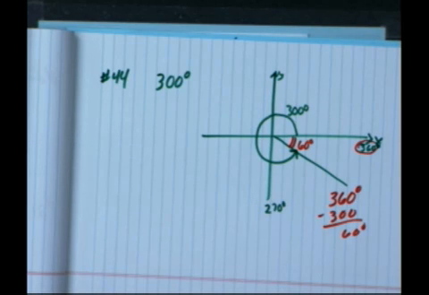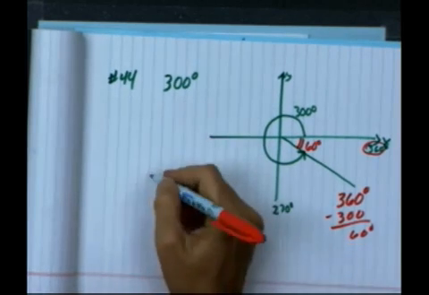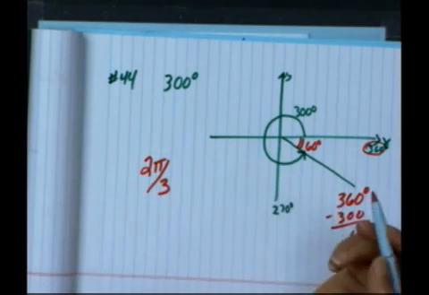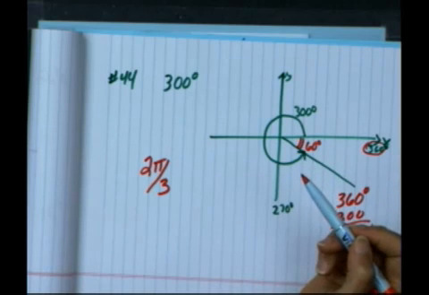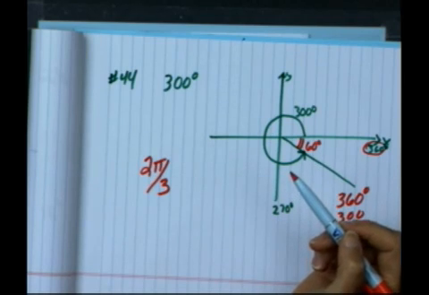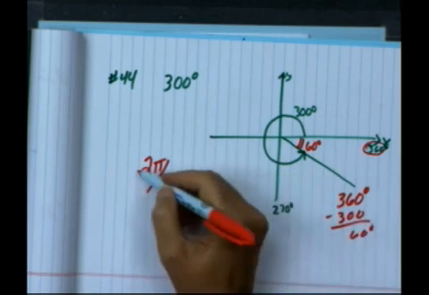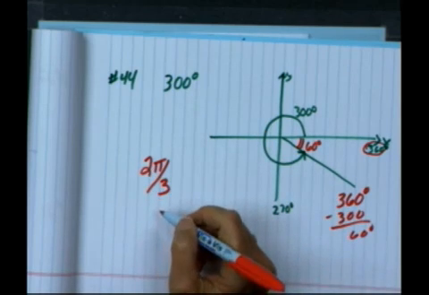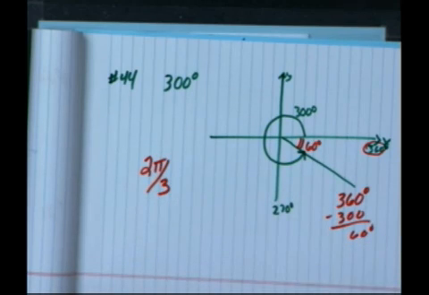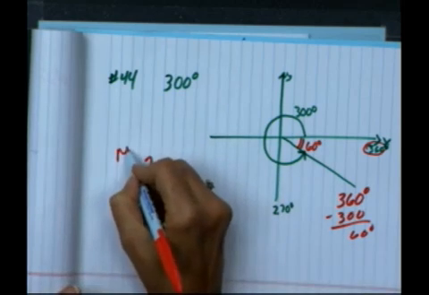Okay, what about if you have something like 2 pi over 3? Can you look at this and tell me right away what the reference angle is going to be? It is 60 degrees, but in radian measure, what is it? These are the easiest ones to look at.